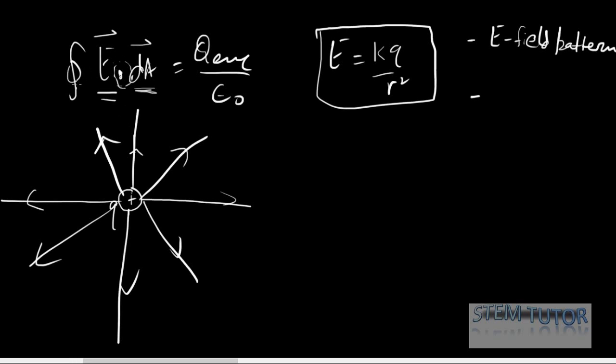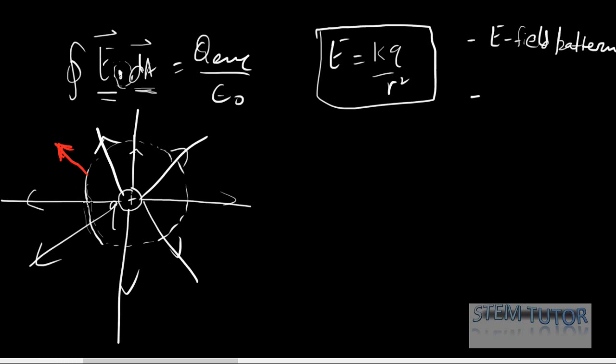In this case, if your field is radially away like this, what kind of three-dimensional surface is going to get rid of the dot product? A sphere. If you take a sphere, the dA for the sphere is always radially away. Remember we discussed that?